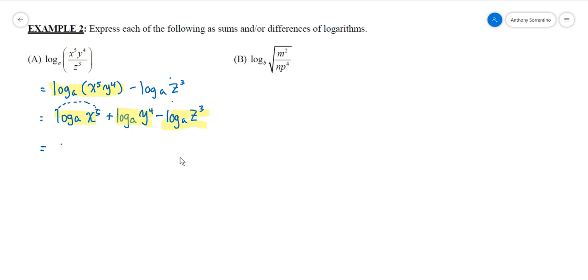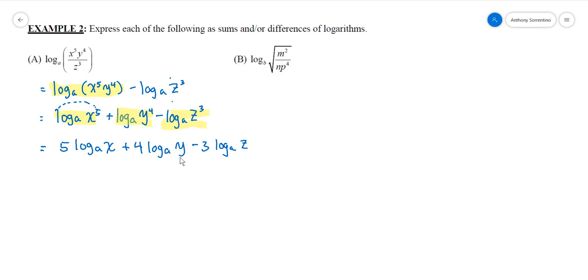So I can call this 5 times the log base a of x plus 4 times the log base a of y minus 3 times the log base a of z. And that would be the fully written answer as far as the textbook is concerned.